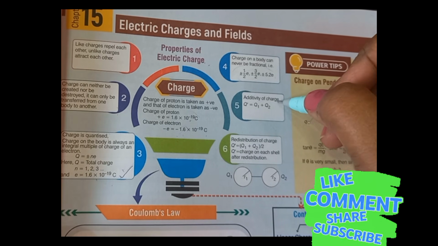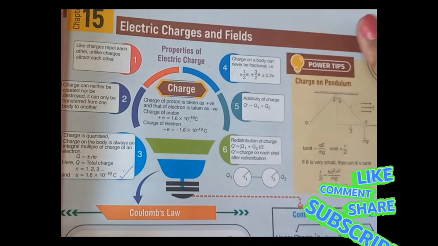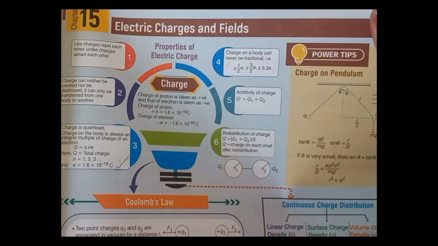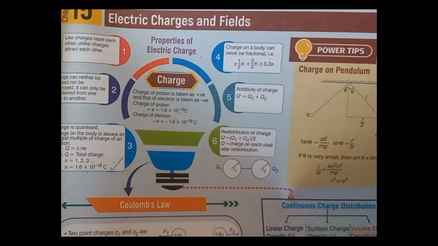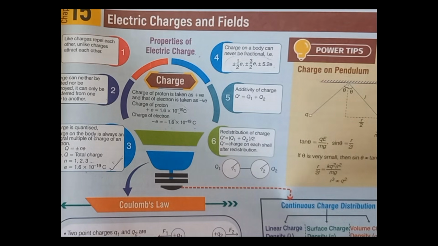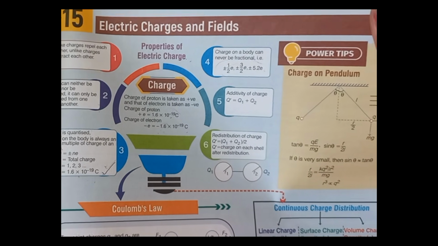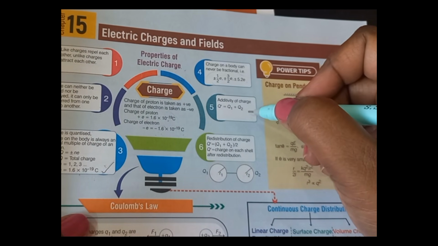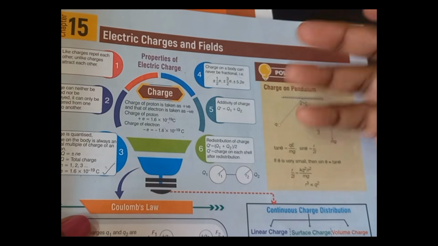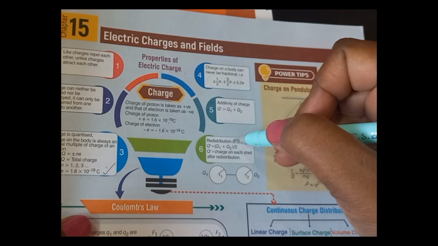Additivity of charge: if there are n number of charges in an isolated system, they will be added. Whether it is plus or minus, you can take the magnitude and subtract it. That is Q equal to Q1 plus Q2 and so on up to Qn, for n number of charges.